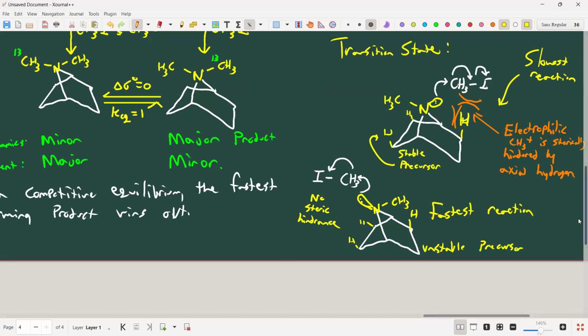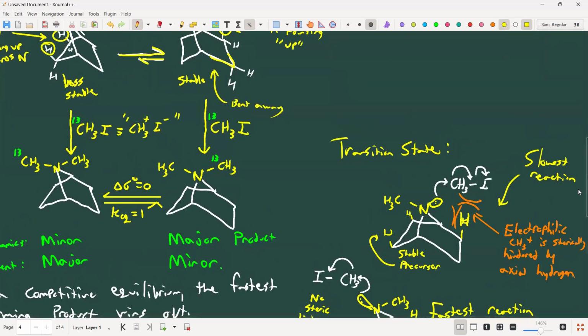And because these two precursors are constantly rapidly equilibrating with each other, the one that is most likely to react, regardless of the energetics, is going to be the one that forms the products most rapidly. So if the more stable molecule is really slow, the less stable ones are constantly being reacted to form the major product.